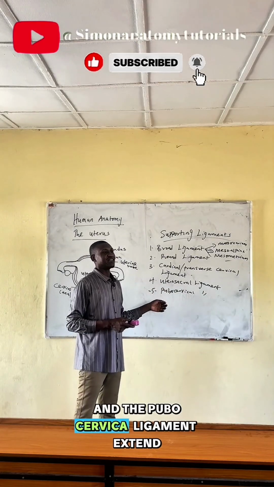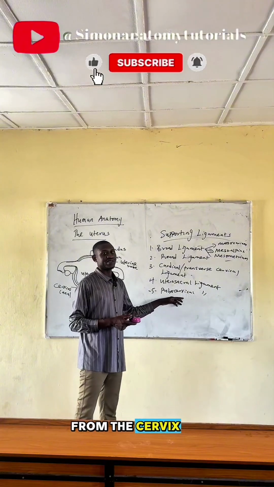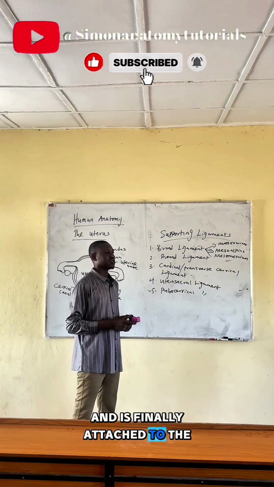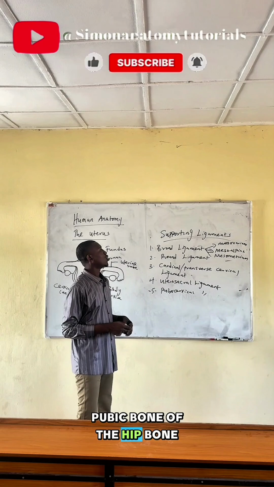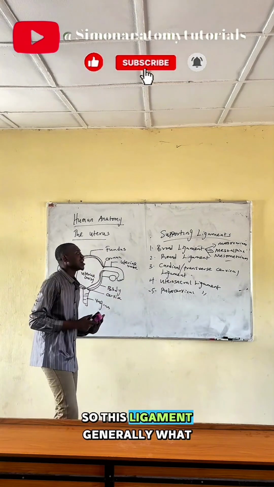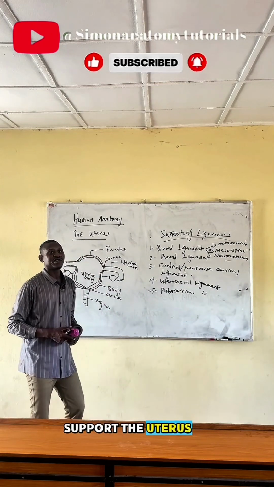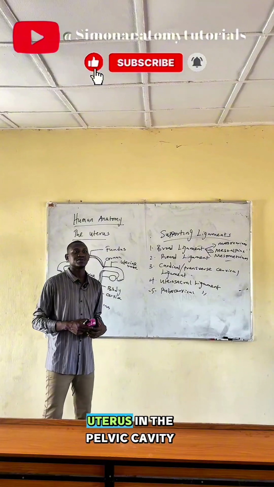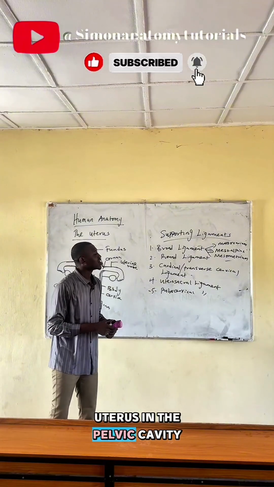And the pubocervical ligament extends from the cervix and is finally attached to the pubic bone of the hip bone. So these ligaments generally support the uterus and maintain the position of the uterus in the pelvic cavity.